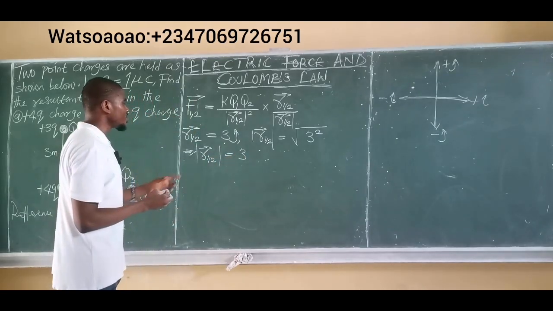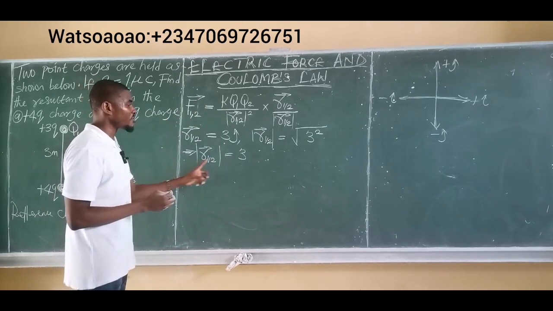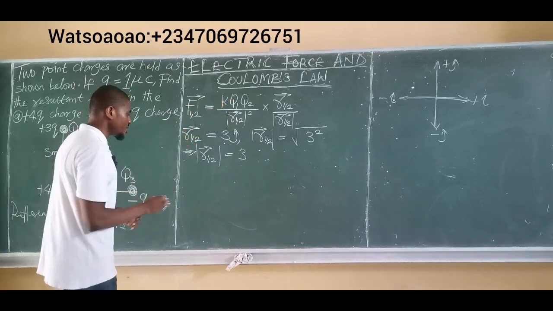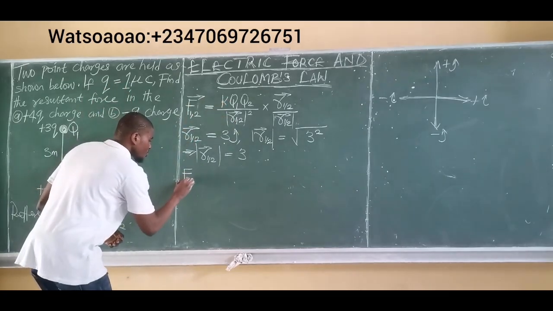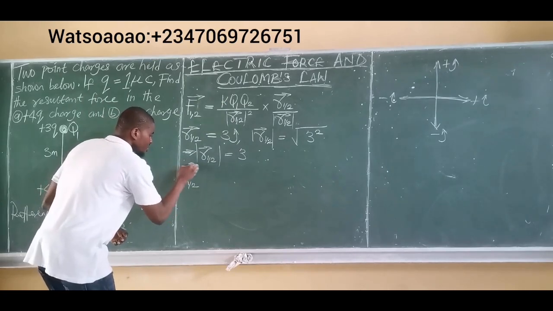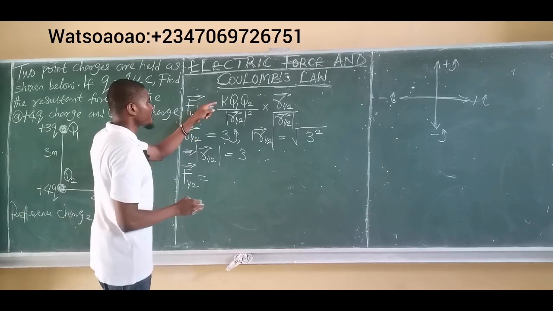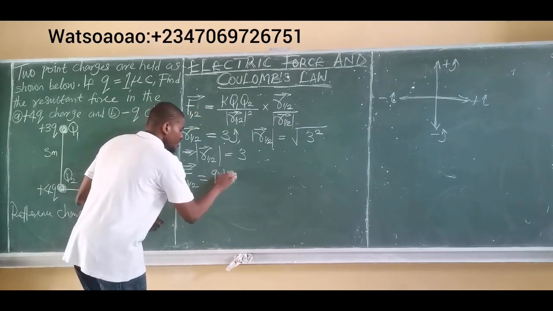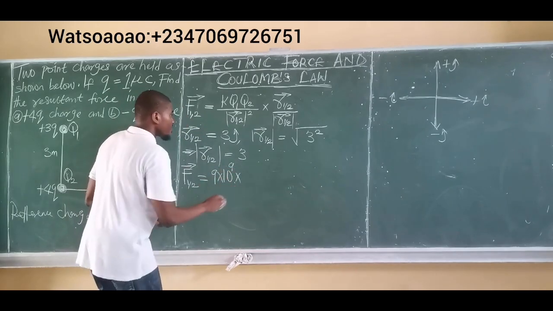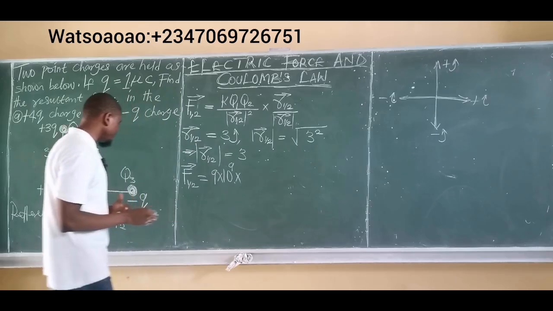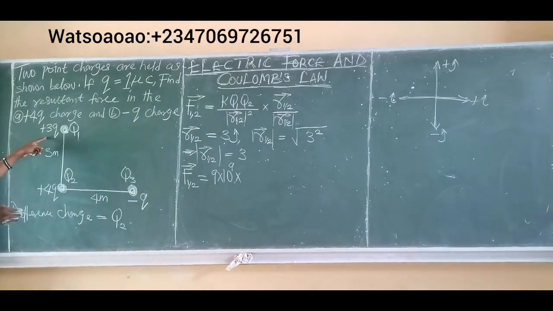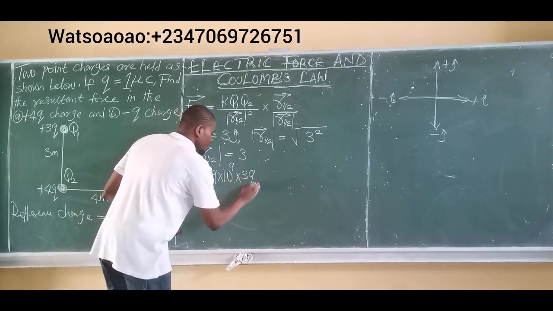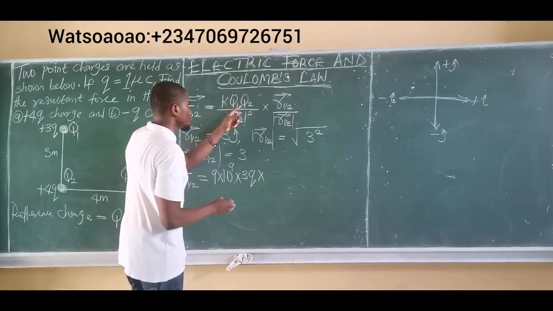Now having found the position vector and the magnitude, let's plug that into this equation. Therefore, the force between charge 1 and 2 is taken simply as, remember what K stands for? K is 9 times 10 to the power of 9 multiplied by Q1, and Q1 happens to be the plus 3Q charge, times Q2.